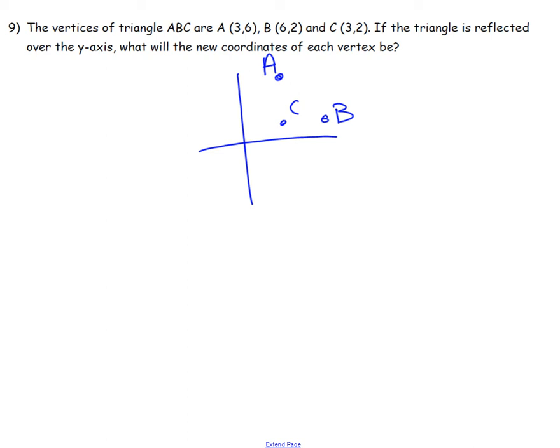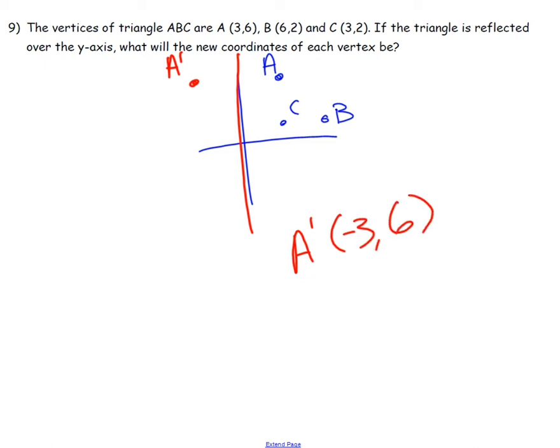Once we have that, we're reflecting all these points how? Over the y-axis. Which means where are all the points going to end up? They're going to end up over here. So A would end up, what part of A is negative? The x or the y? X. So instead of being 3, 6, it would become negative 3, 6.